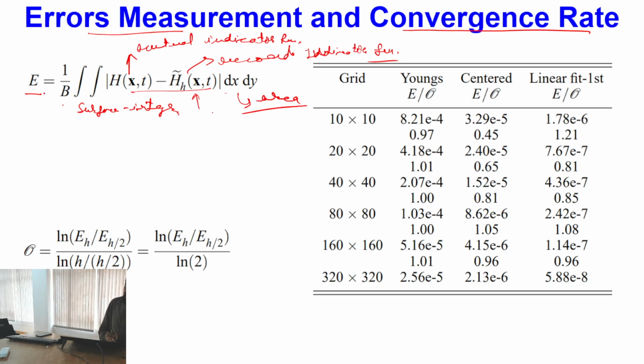Now it will depend upon what value of B I consider to determine the overall unit of E. If my coefficient B is equal to 1, then overall unit of this error will be meter square. If I consider B equal to L, where L is my grid size, then what will be the unit of this error? Meter. Okay, so this is a simple thing.